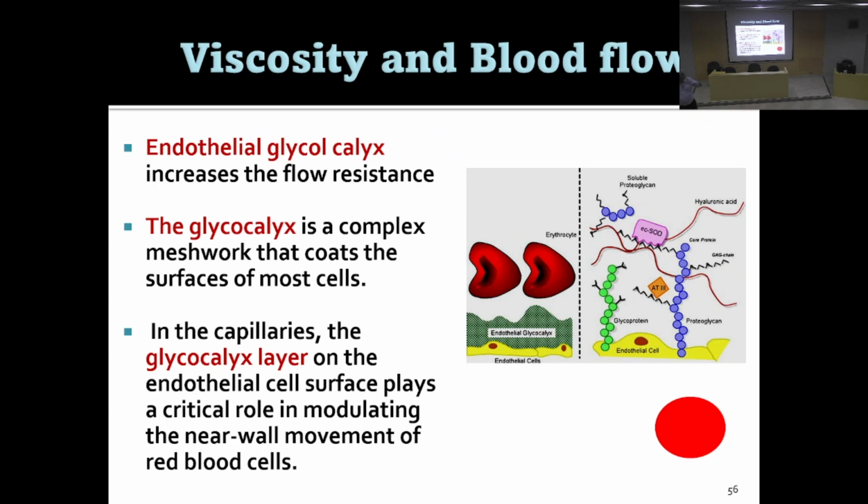And the other one would be what? Reducing friction. So that is covered here as well. The glycocalyx layer on the endothelial cell surface plays a critical role in modulating the movement of the red blood cells here. Okay, so let it go, dragging and all the things, but overall reducing the friction.